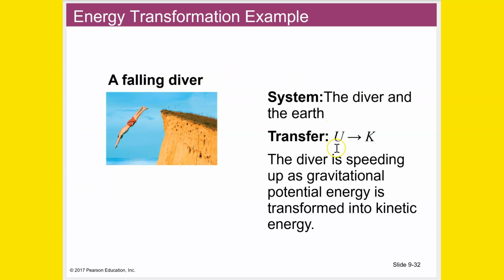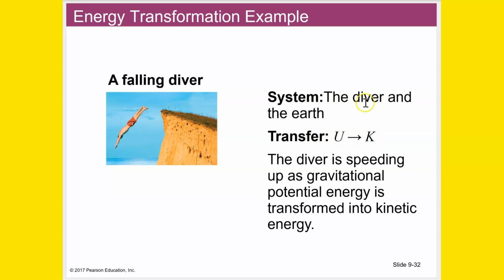So the diver and the earth are farther from each other, and there's an attractional force called gravity between them, which means there's a transfer going on inside the system, not outside the system, from potential energy to kinetic energy.